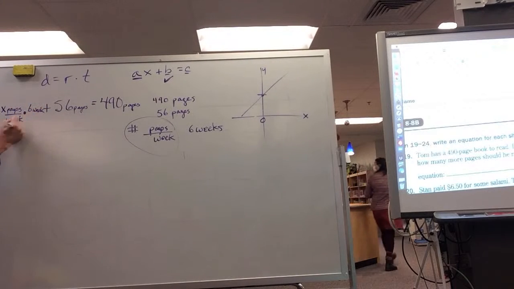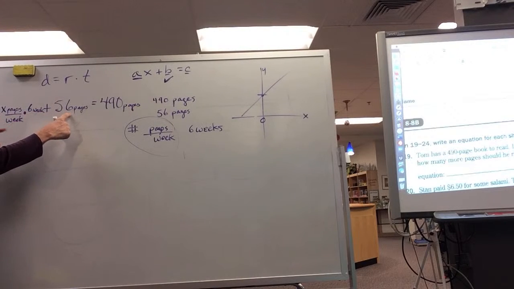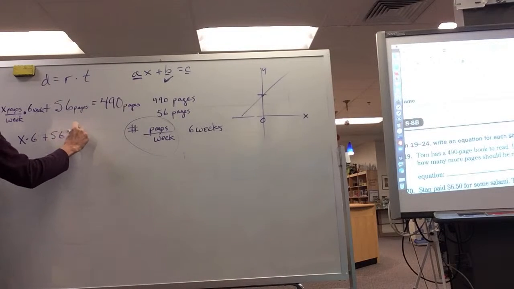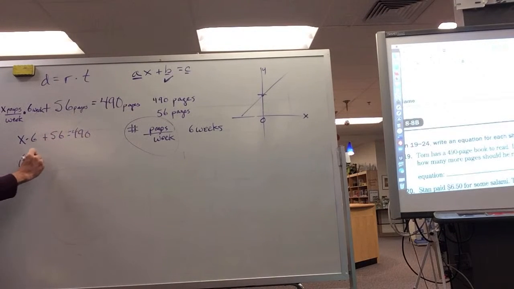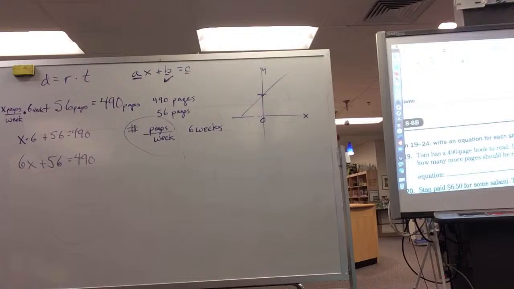And then you see how the weeks cancel, and now all the other pages. So there it is. So if we wrote this x times 6 plus 56 is 490. Or you could write it 6x plus 56 is 490. Now you can solve it, and then you can see if it makes sense.